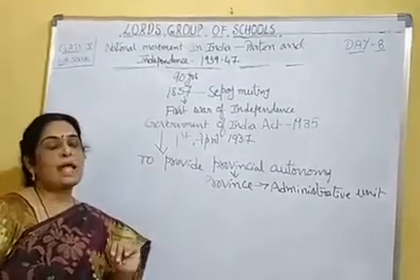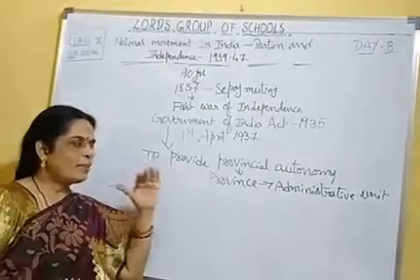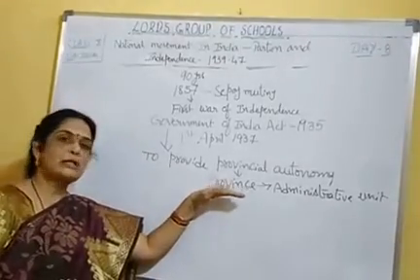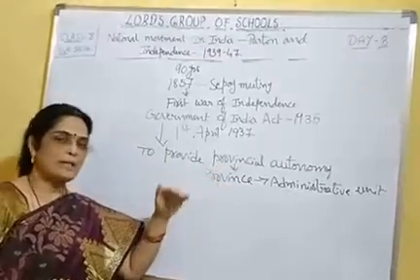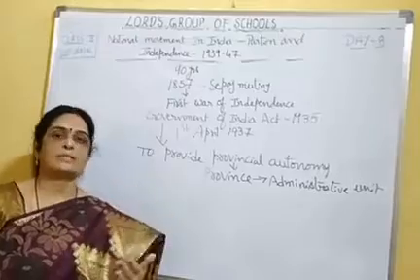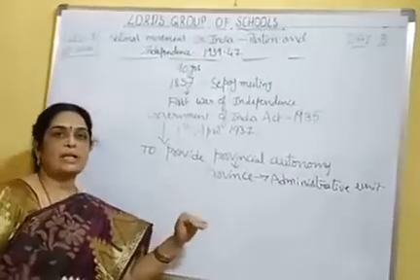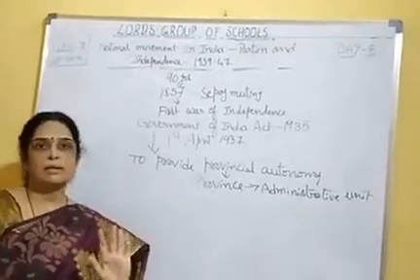By this, what will happen? At least to some extent, Indians will also enter into the Indian administration. Britishers are ruling us, but we also will get a chance to rule our areas, our country, our land to some extent, not 100%.